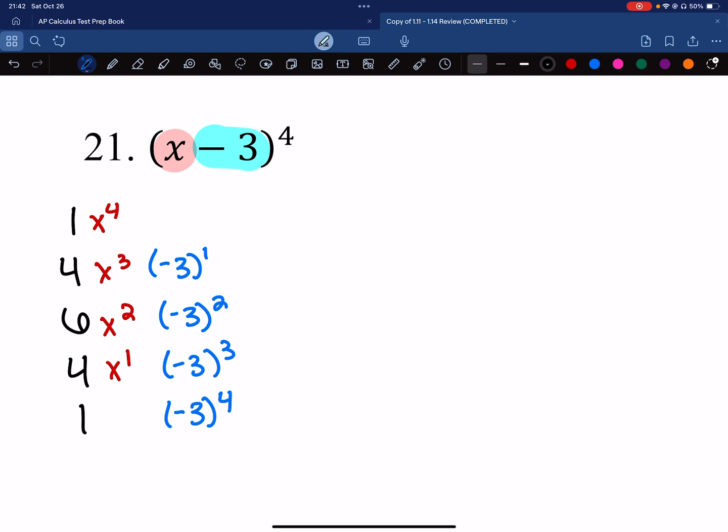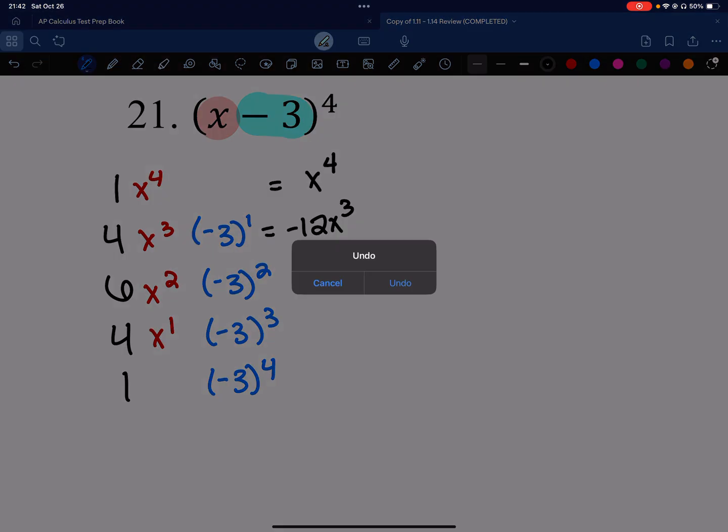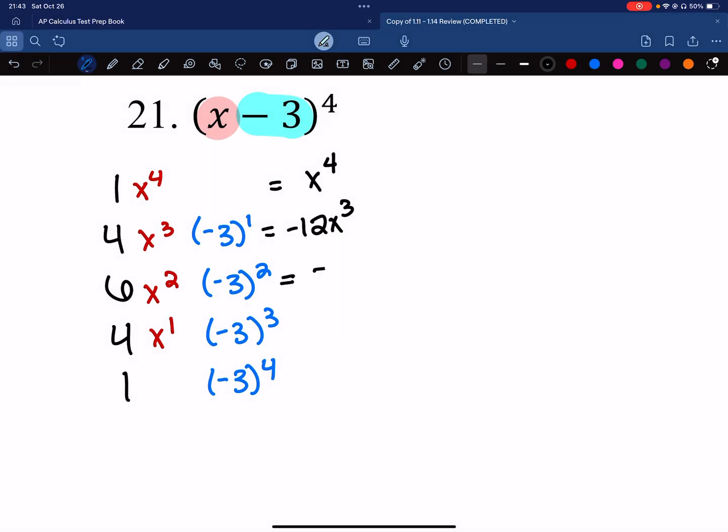So 1 times x to the 4th is x to the 4th. 4 times negative 3 is a negative 12, times x cubed is a negative 12x cubed. Negative 3 squared is 9. 9 times 6 is 54. So we get 54x squared.